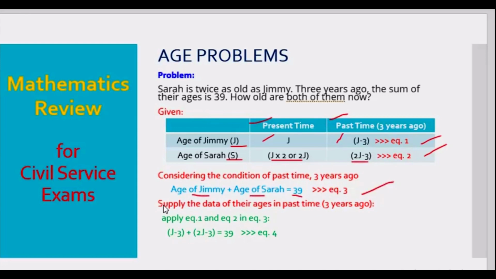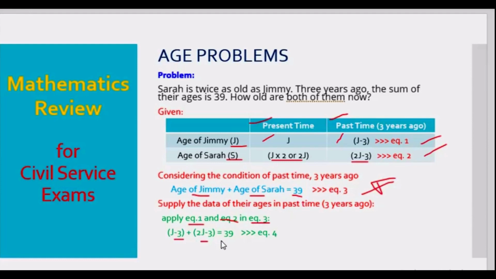So we will just supply the data, which is equations 1 and 2, in equation 3. So the equation 3 as provided here will now be J minus 3 plus 2J minus 3 is equal to 39.